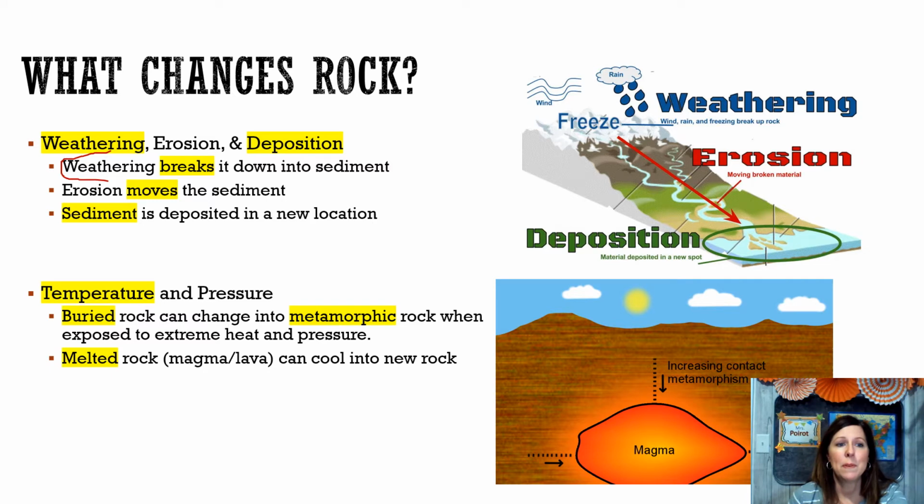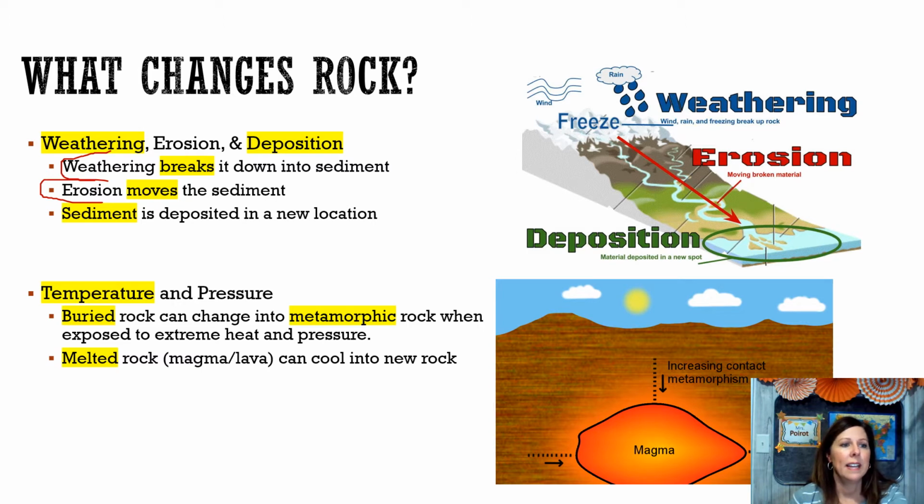The process by which sediment is moved from one place to another is called erosion. So erosion moves the sediment. We've got rocks that have broken down into little pieces, that's weathering, and erosion moves that.